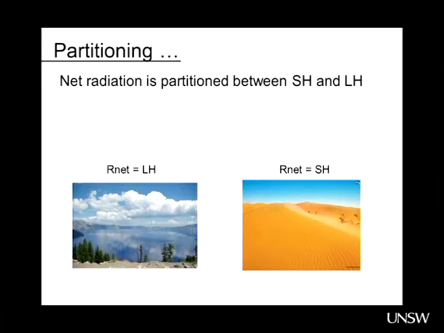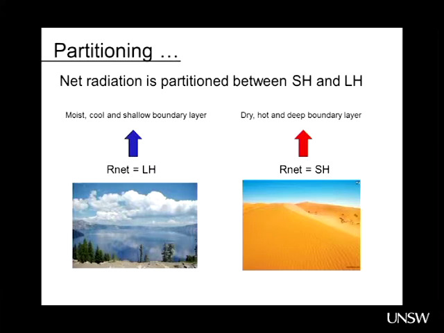And these things are nicely interwoven. So, on the left-hand side, you tend to get a moist, cool, shallow boundary layer, and on the right, you tend to have a dry, hot, deep boundary layer. And that translates into feedbacks with clouds, with radiation, and all of the other really cool things that we worry about in modeling the Earth system.